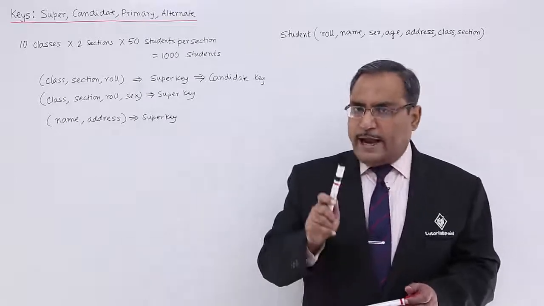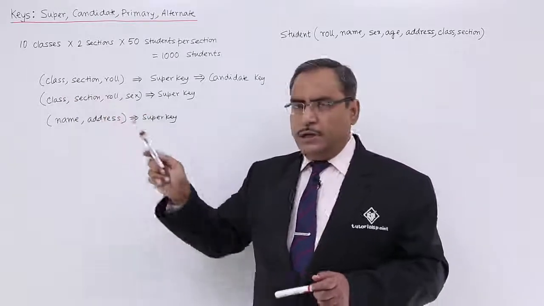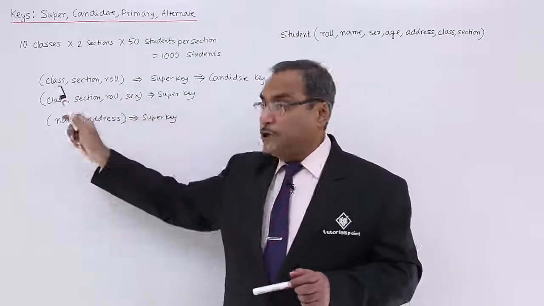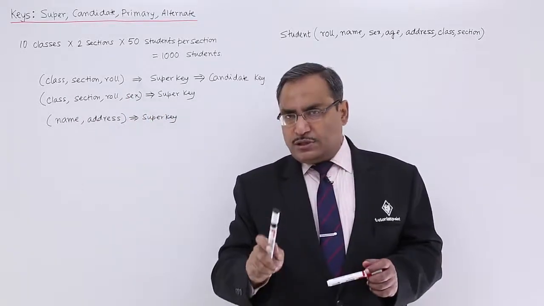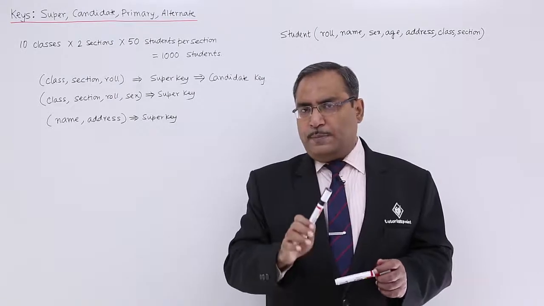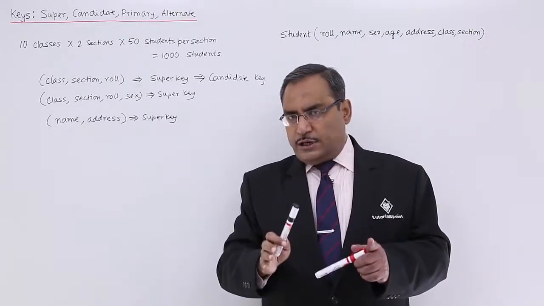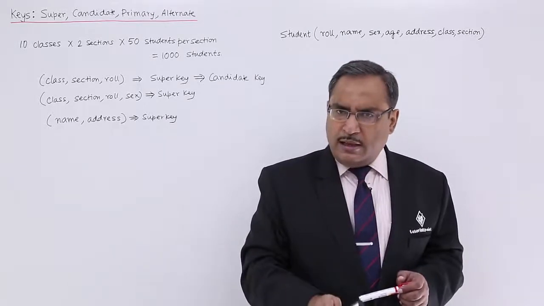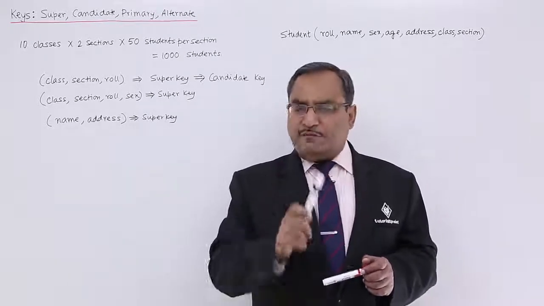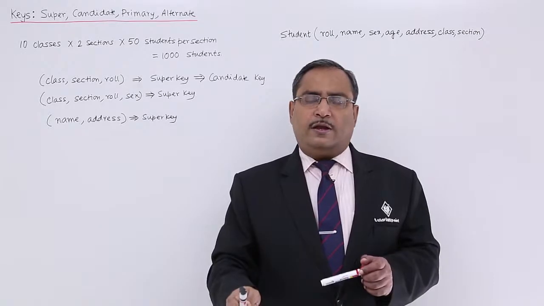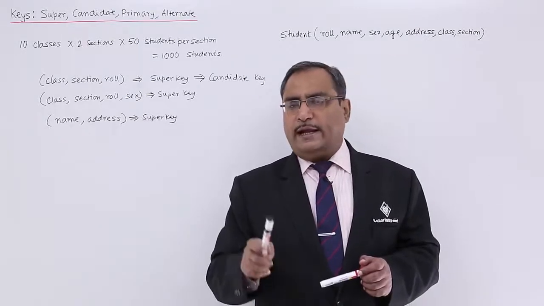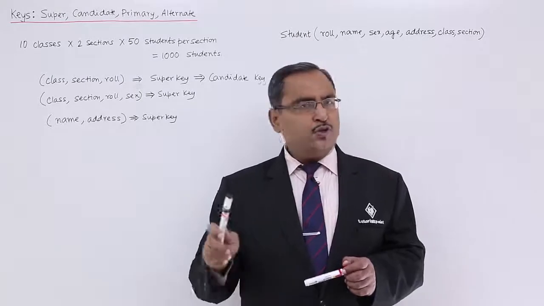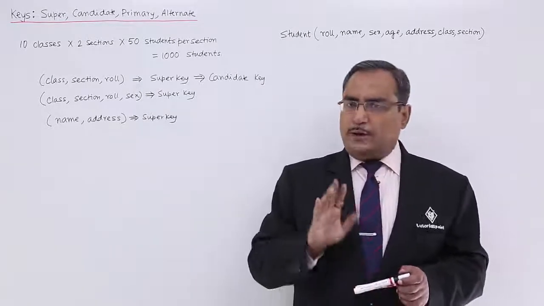But if you consider a candidate key, this is a super key, I know, and this is also a candidate key because it is a minimal super key. So a candidate key ensures that the attributes taken into consideration for its construction must be essential as well as sufficient. Sufficient and essential attributes will be there in the construction of the candidate key, and sufficient attributes will be there in the construction of the super key. So this part we have covered.